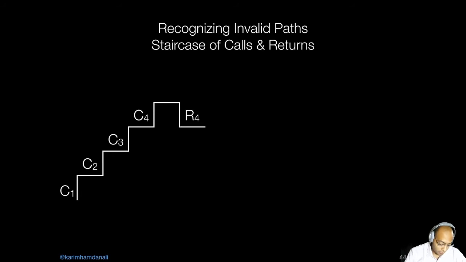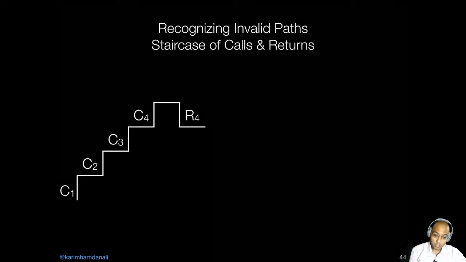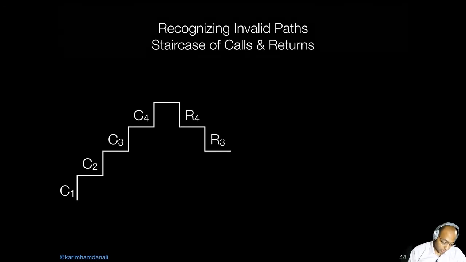So here this R4 would correspond with C4. And the return that you're taking on that staircase has to correspond to the last call that you have. So the current step down would have to correspond to the last step up that you took. So R3 would be C3. Then you can have another call, right?